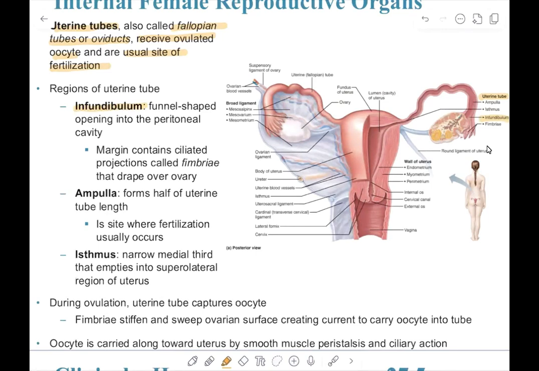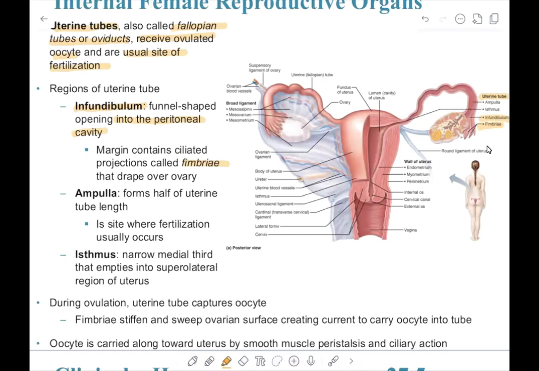It's a funnel-shaped structure that opens into the peritoneal cavity. In fact, the margins of the infundibulum are covered by these finger-like projections, which are called fimbriae. And the fimbriae help to move in a sweeping manner to ensure that the oocyte, once it's ovulated, is released into the uterine tube.